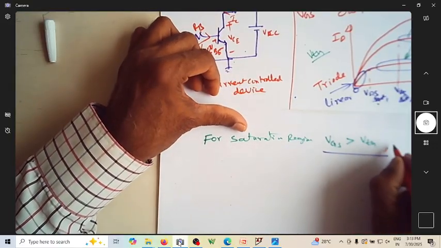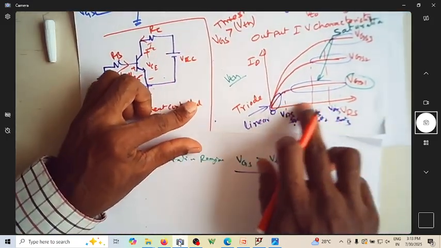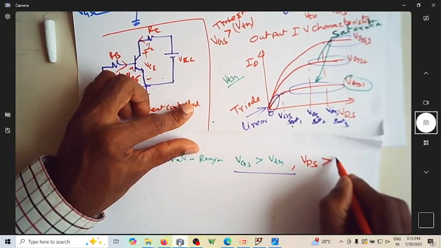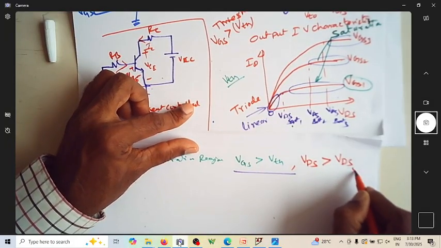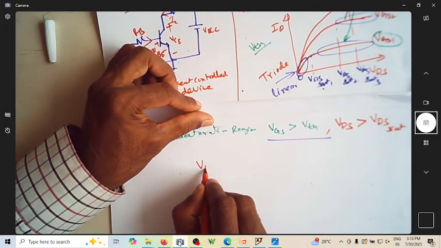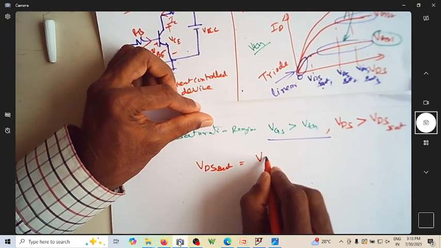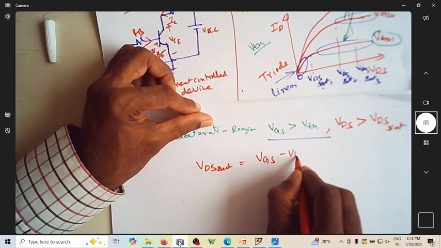Then most importantly, VDS, that is, what is this voltage? This should be greater than VDS SAT. So what is this VDS SAT? VDS saturation is given by VGS minus VTH.